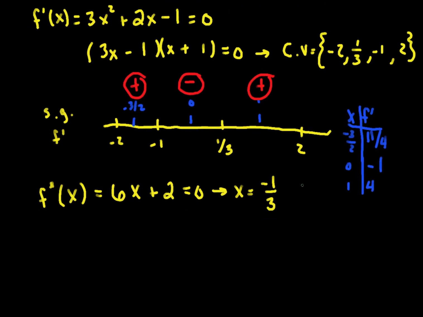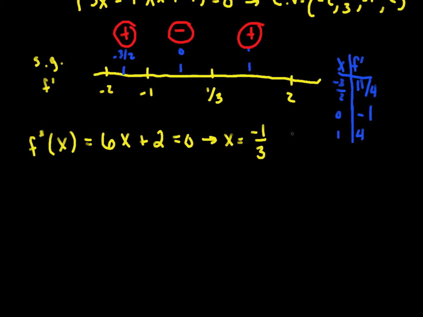So just like with f prime, we'll look at the sign graph of f double prime. We only have one place where it can change values. That's at -1/3. And so we can take values to the left of -1/3, say at -1, and we can take values to the right of -1/3, say at 0.